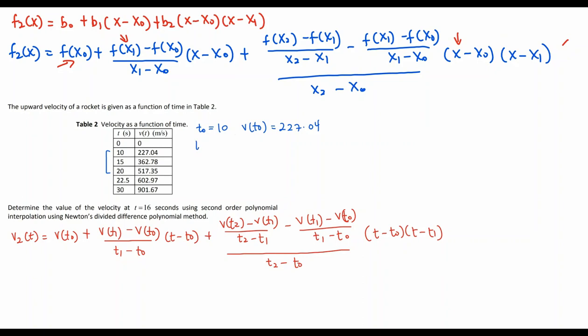Then t1 equal to 15, and v of t1 equal to 362.78. Then t2 equal to 20, and v of t2 equal to 517.35. And then you have t equal to 16. So let's do the substitution and see what we are going to get.